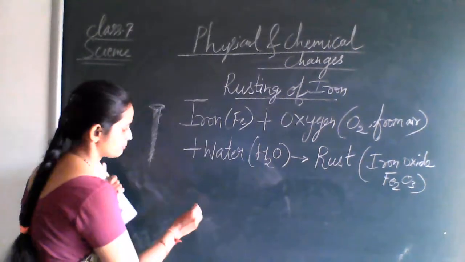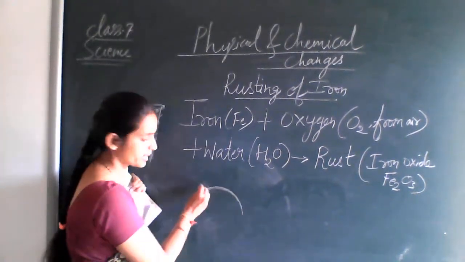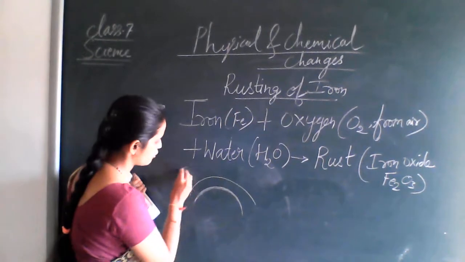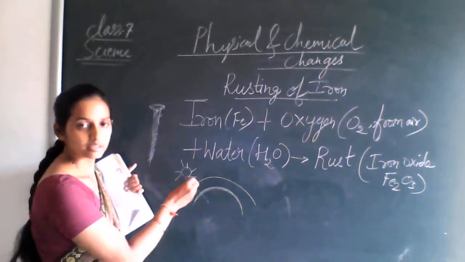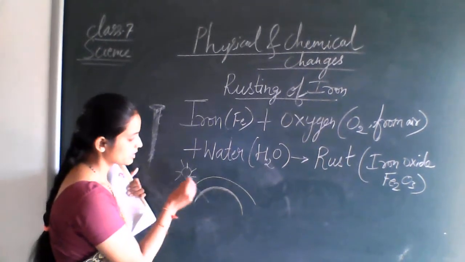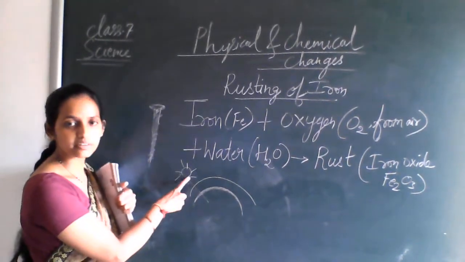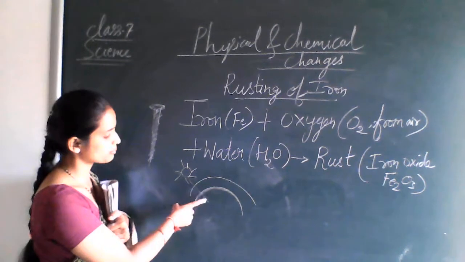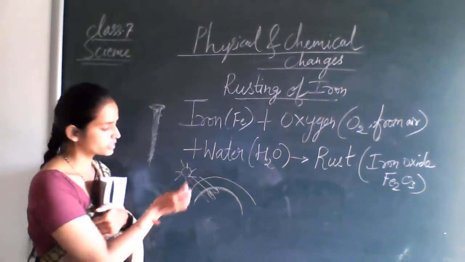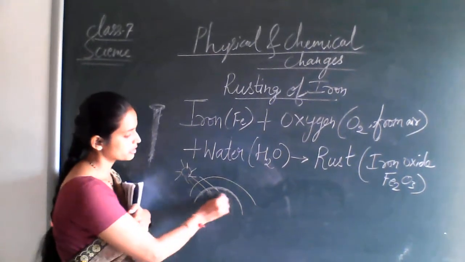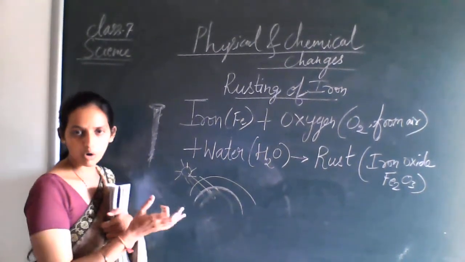As the earth is protected by the ozone layer from the sun, the ozone layer is protecting us from the harmful UV radiation from the sun. Otherwise direct rays would come and your earth would become more hot.